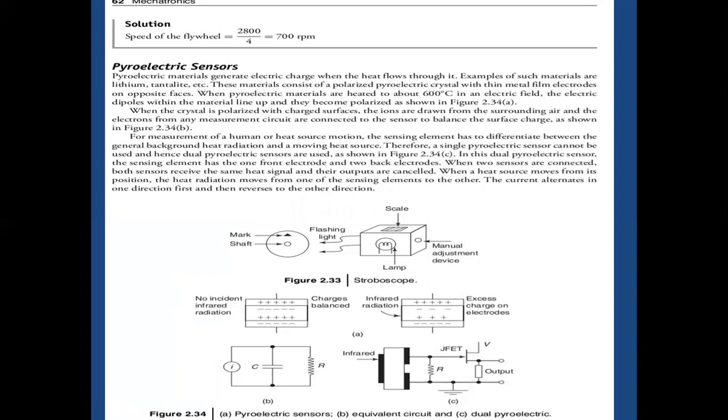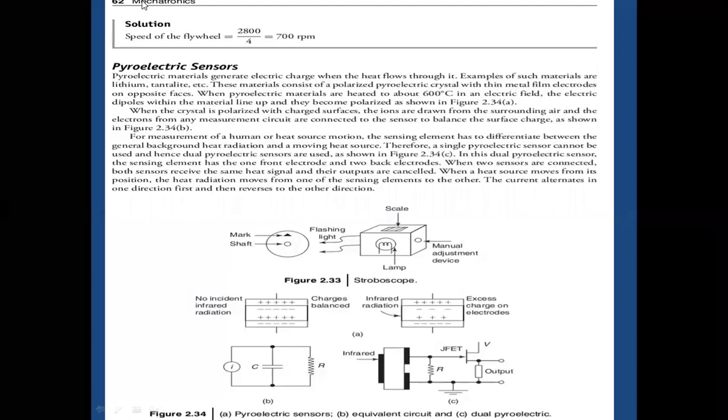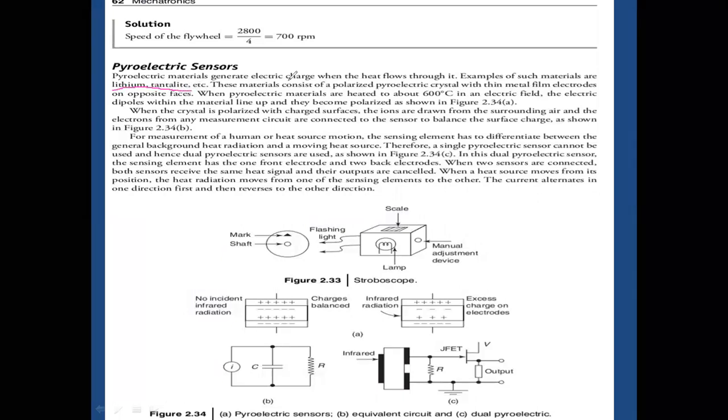Examples of such materials are lithium tantalate and similar materials. These materials consist of polarized pyroelectric crystal with a thin metal film.